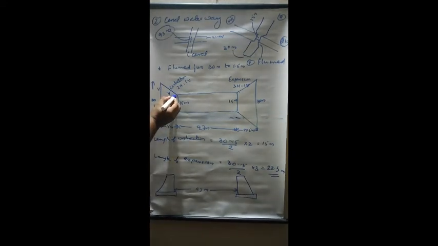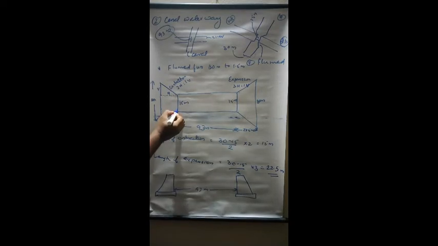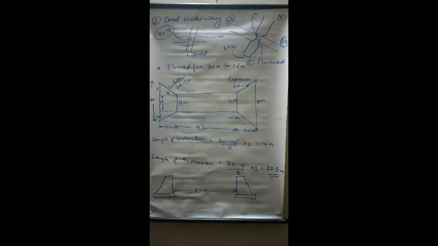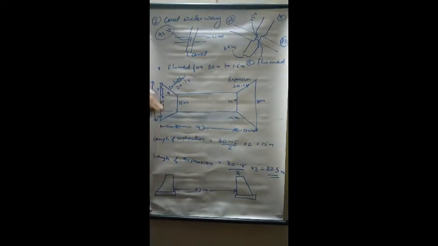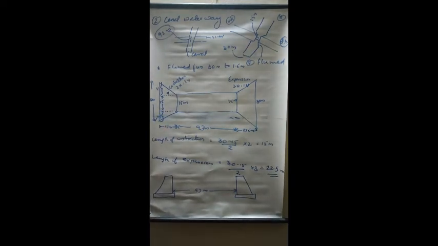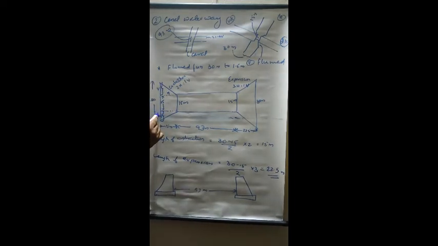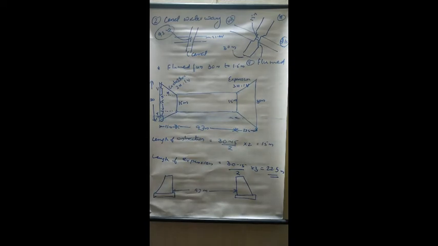If we extend this portion straight, we can say that this width is the same, 15 meter. So remaining there are 2 portions, one is here and the other here. The sum of these vertical portions will be 30 minus 15.